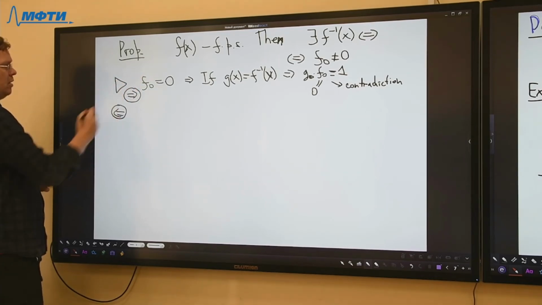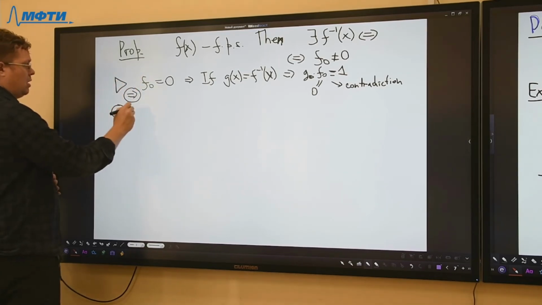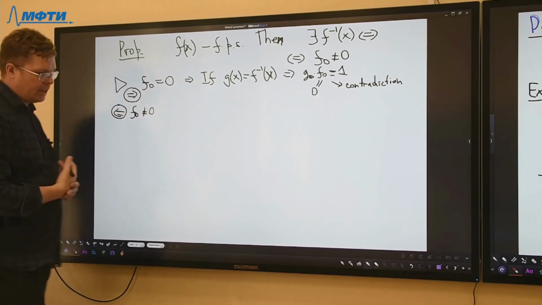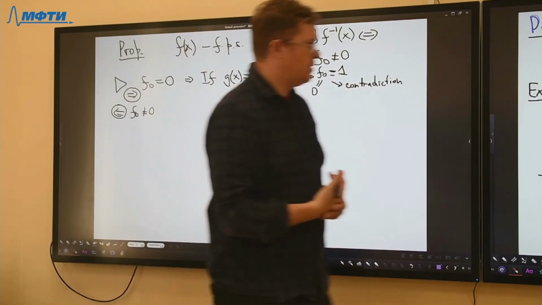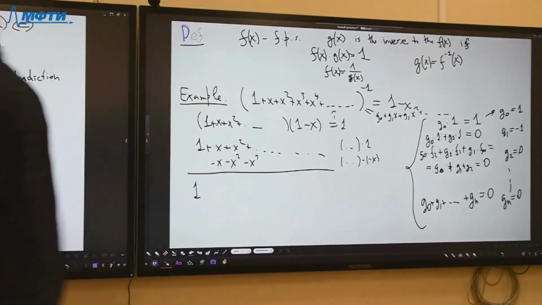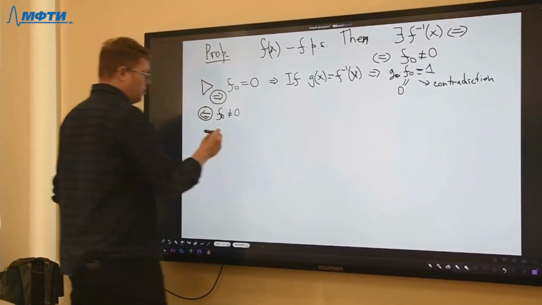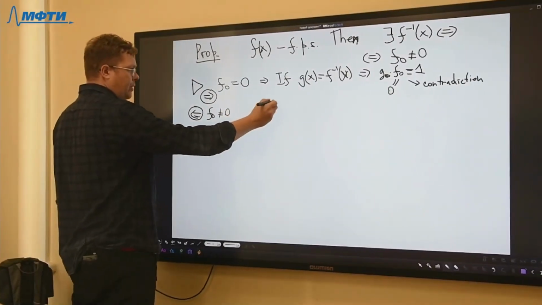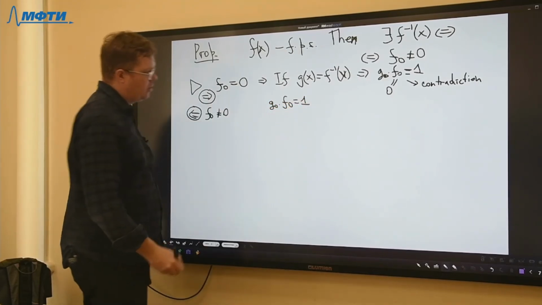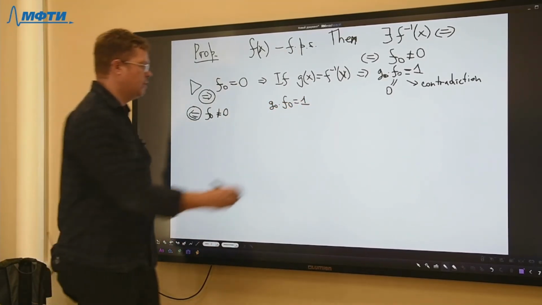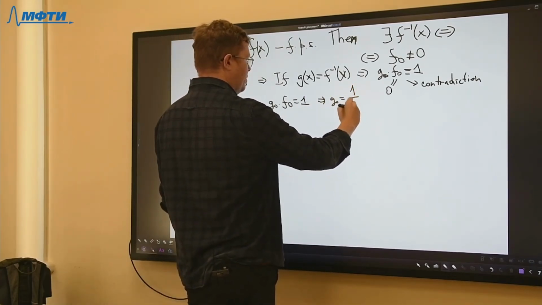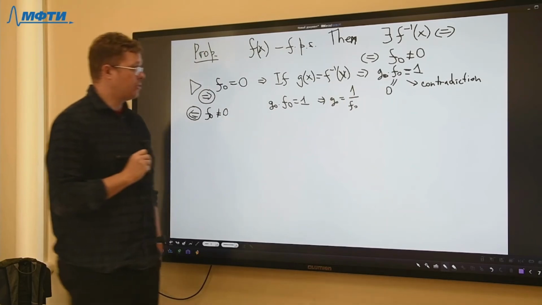And if f0 is not 0, then I want to prove that my system of linear equations has a solution. This is not hard to see, because if I want to find g0, I can find it from the equation g0 times f0 equal to 1. So g0 is 1 divided by f0.